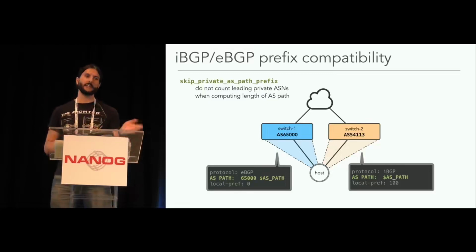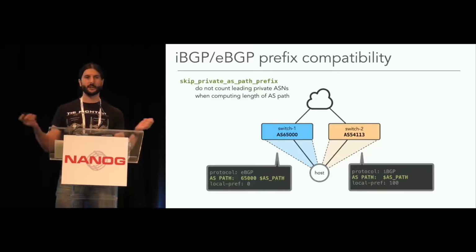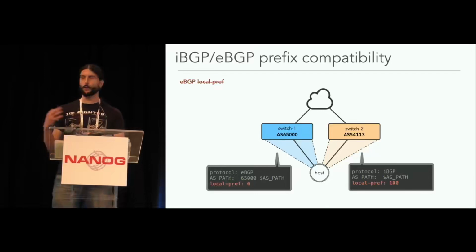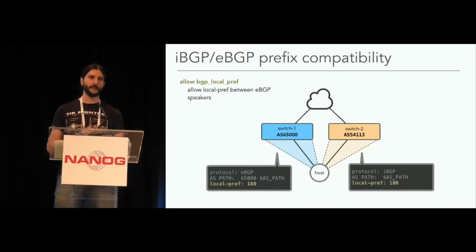So now, because the leading AS in the AS path is 65,000, that's just going to be ignored. So the length of both prefixes is going to be the same. And then finally, we were using local pref to signal various things in the network, and eBGP doesn't transport local preference. So we just added another knob to be able to transport local pref between eBGP speakers.